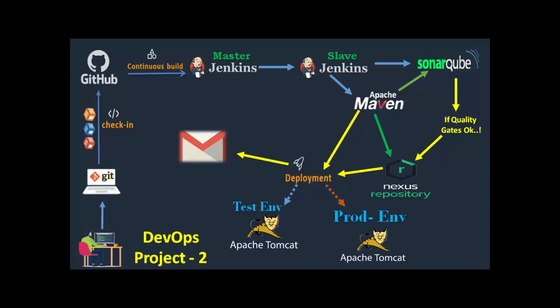On every step, wherever the problem is, Jenkins will immediately stop the process and send mail to the address we have configured. We are seeing how to configure email notification once again.